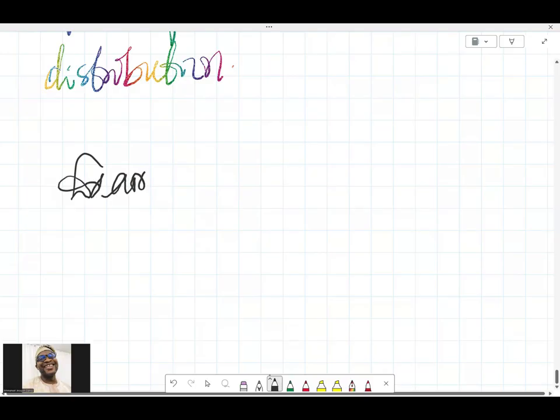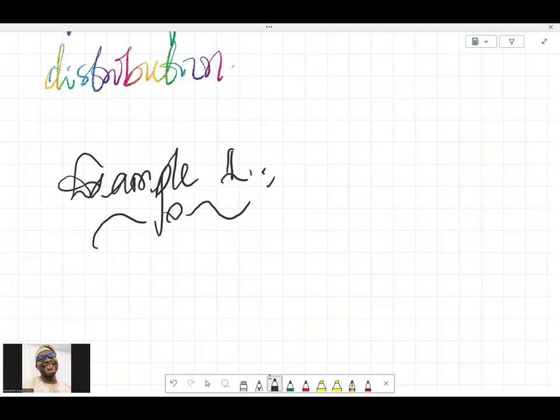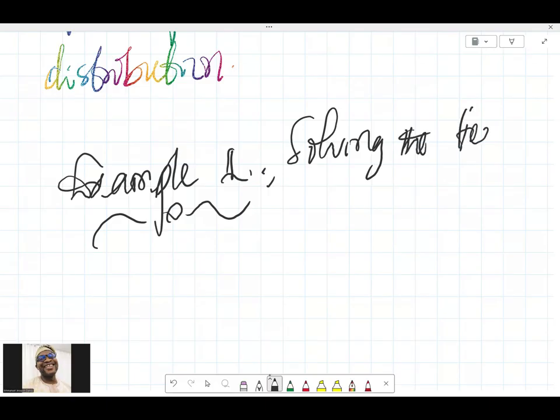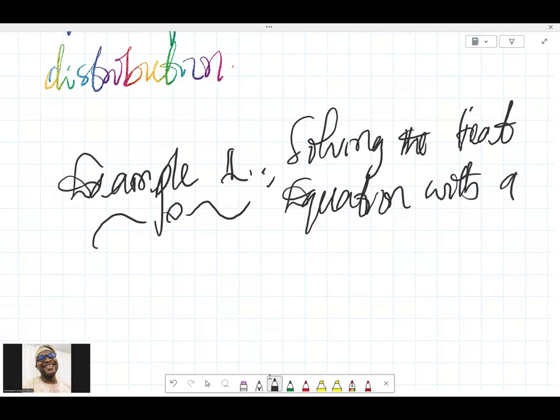This is like example 1 now. Example 1: solving the heat equation with a Gaussian initial condition.